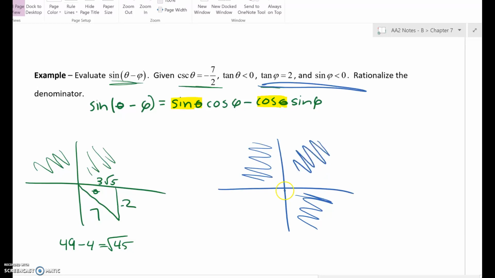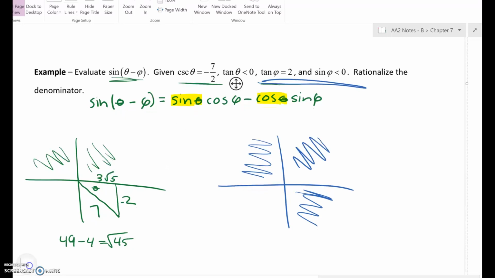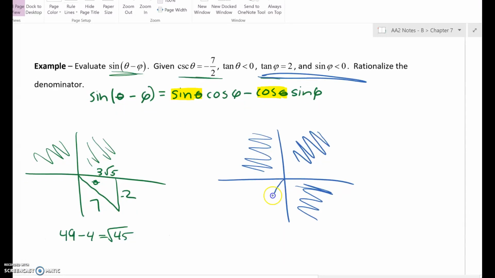So we're looking at an angle in the third quadrant. Draw that on there. Okay, so this is our squiggly angle phi.